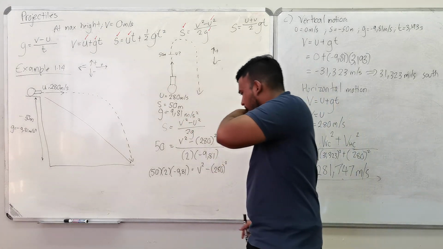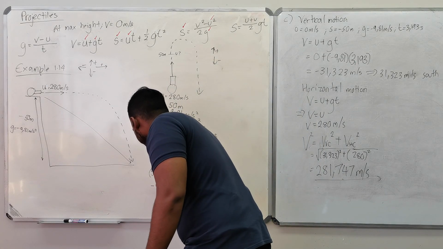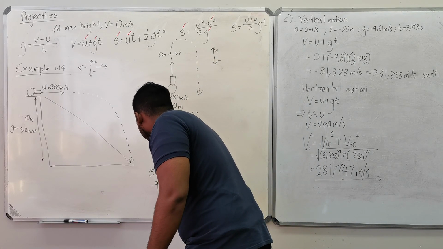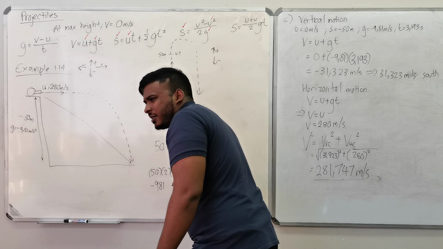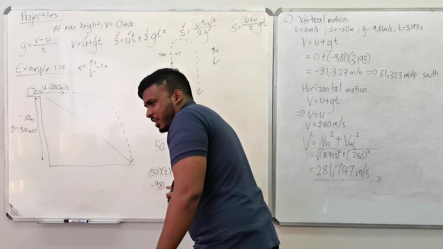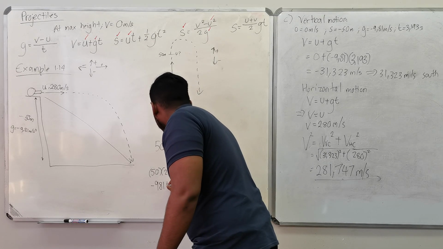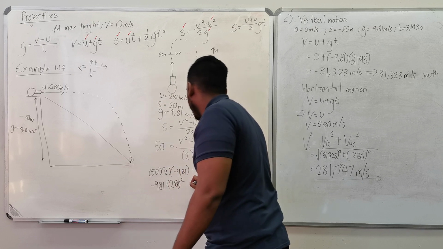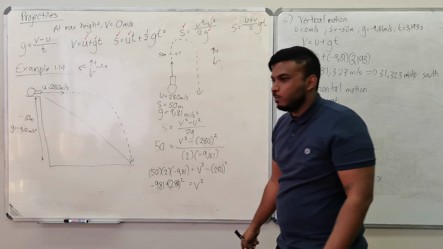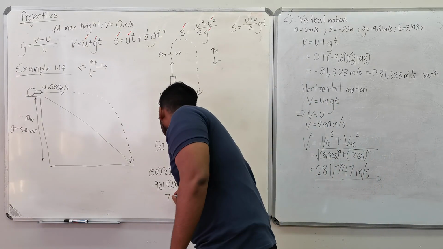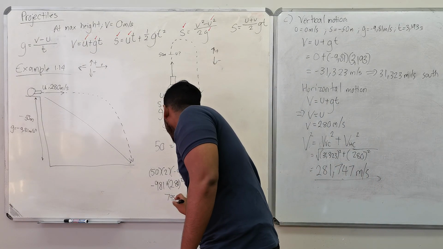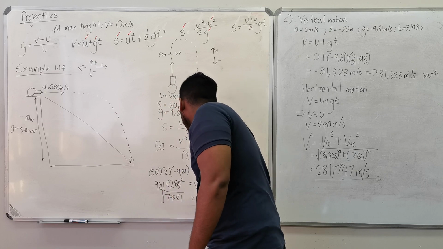Then you take that across, plus 280 squared, is equal to V squared. What's that number? 79381. The square root of that.